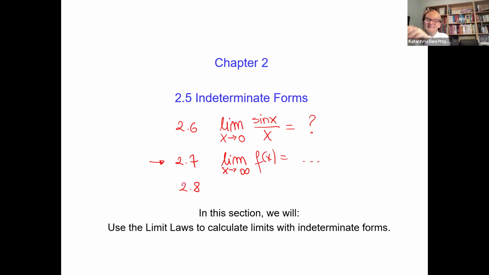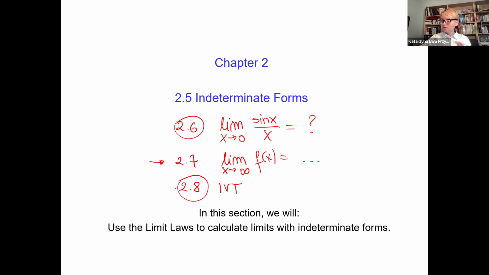And 2.8 is the intermediate value theorem. It's a theorem, so you can watch the video for this one. For 2.5 and 2.7, we will cover live.